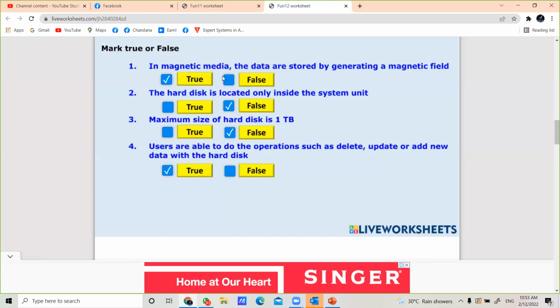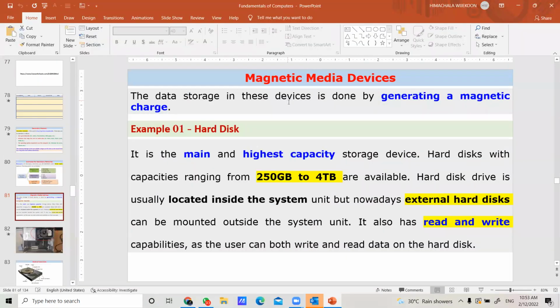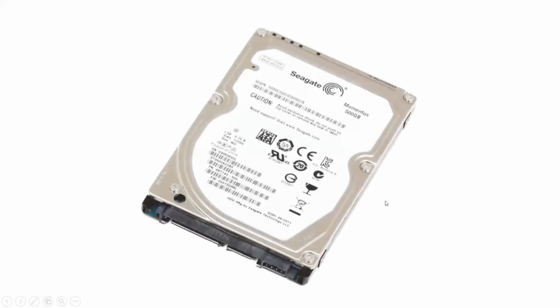That's regarding the first example under magnetic media, the hard disk. Here we learned some external features of the hard disk. Then look at some diagram pictures. Here you can see a picture of the hard disk, the normal external appearance of a hard disk.